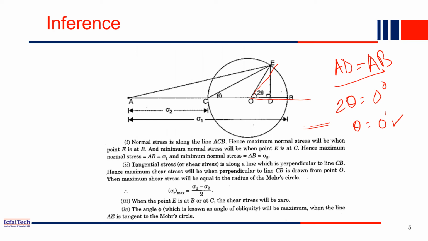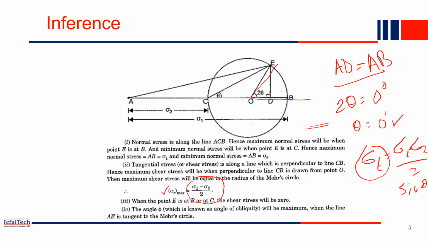Now the shear stress we computed, so this is the value of shear stress. In the last slide we calculated sigma t equal to (sigma 1 minus sigma 2) by 2 into sine 2 theta. So when will sigma t be maximum?